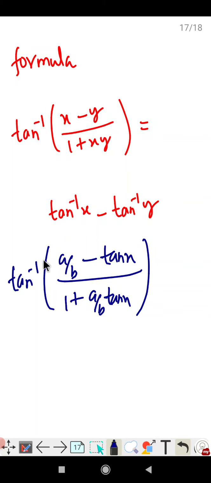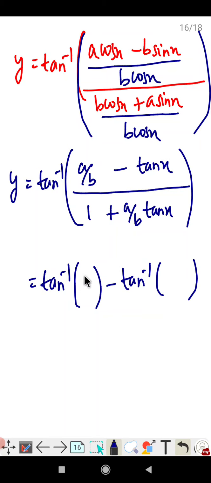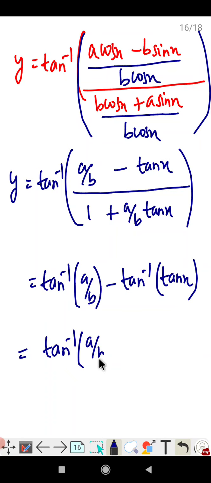So the expression is equivalent to tan inverse of a by b minus tan inverse of tan x. Tan inverse and tan are reciprocal inverse functions, so that will be just x.